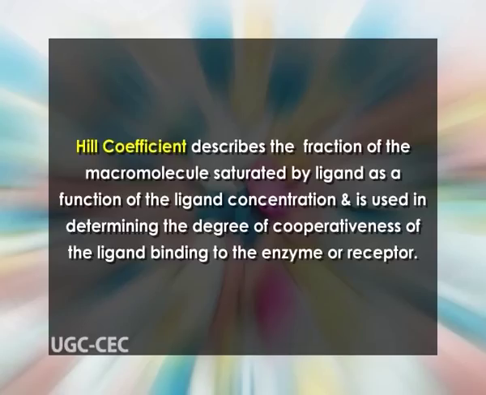In biochemistry and pharmacology, the binding of a ligand to a macromolecule is often enhanced if there are already other ligands present on the same macromolecule. It describes the fraction of the macromolecule saturated by ligand as a function of the ligand concentration. It is used in determining the degree of cooperativeness of the ligand binding to the enzyme or receptor.